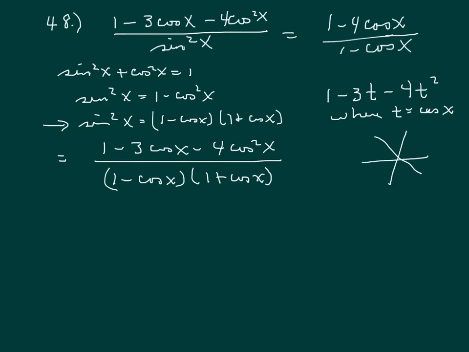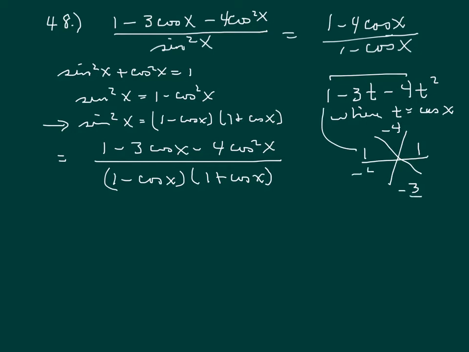If I use the star method to factor it, I put the product 1 times minus 4 here. I put this term here and over on this side. And I put the b term minus 3 down here. And now I ask the question, what two terms multiply together to give minus 4 and add to give minus 3?